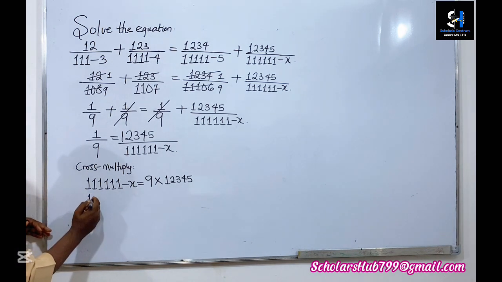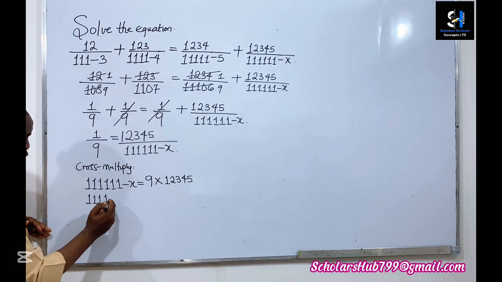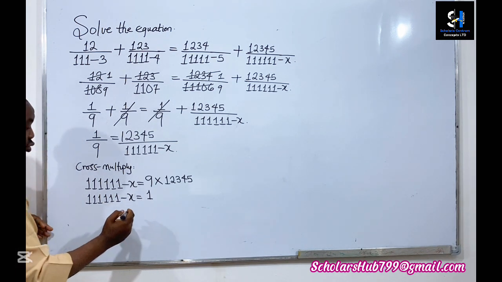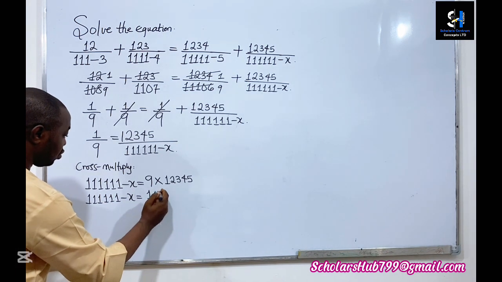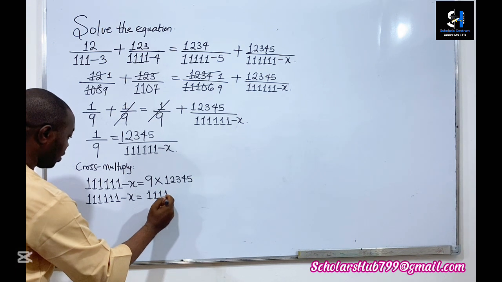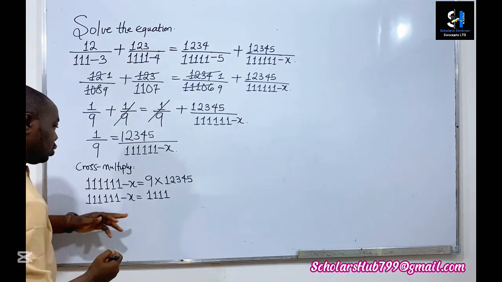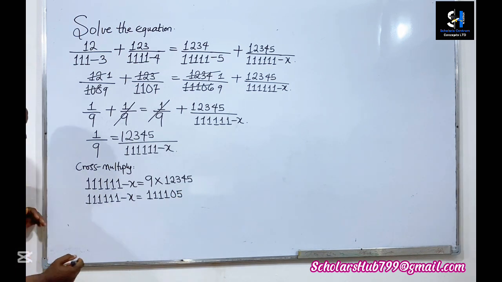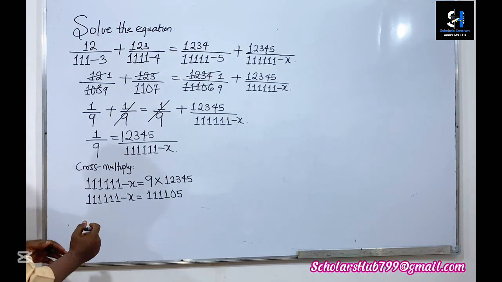So we have 111111 minus x equals 111105.